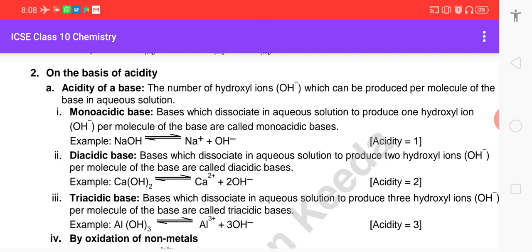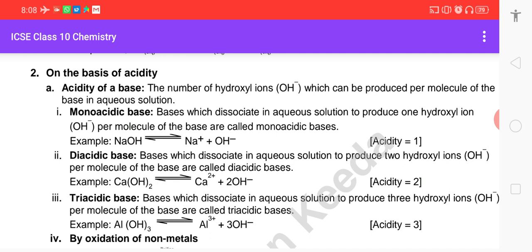Then diacidic base: bases which dissociate in aqueous solution to produce two hydroxyl ions per molecule of the base are called diacidic bases. For example, calcium hydroxide on ionization produces 2 hydroxyl ions, so its acidity is 2.